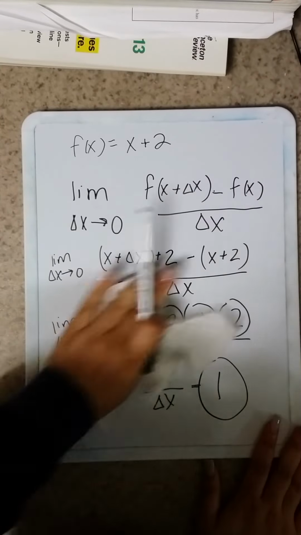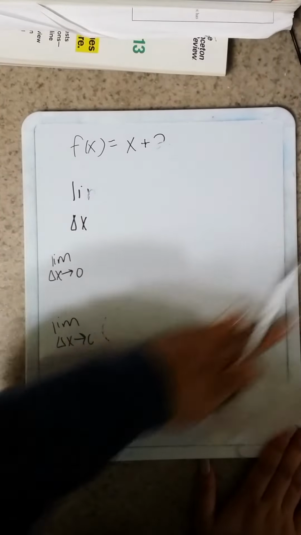Now let's try another function, but let's make it a little harder. Let's do f of x equals 6x plus 4. Let's write the definition. Always write the definition.